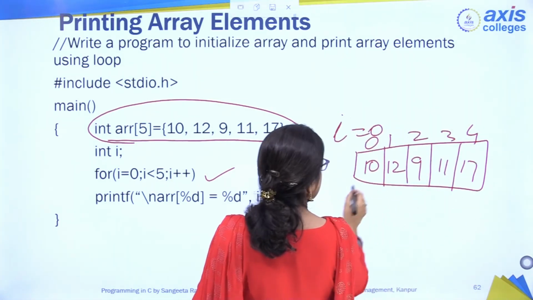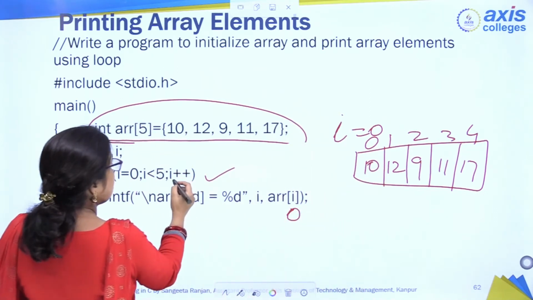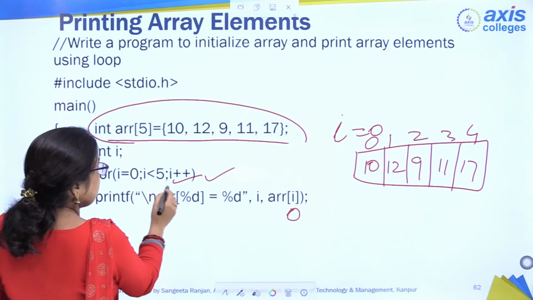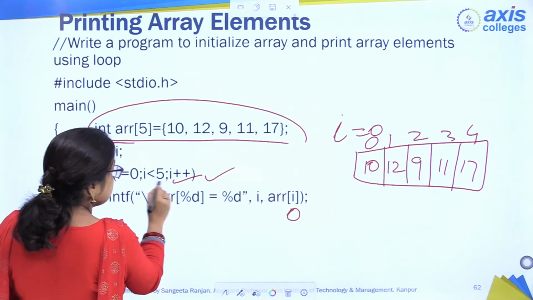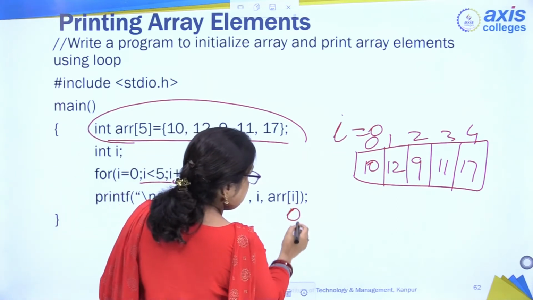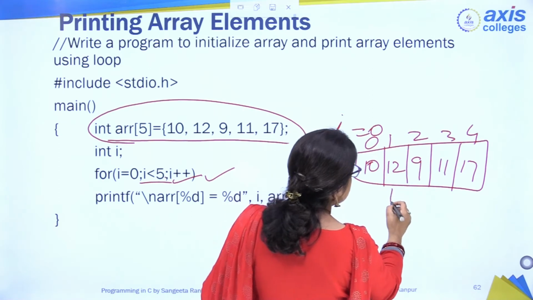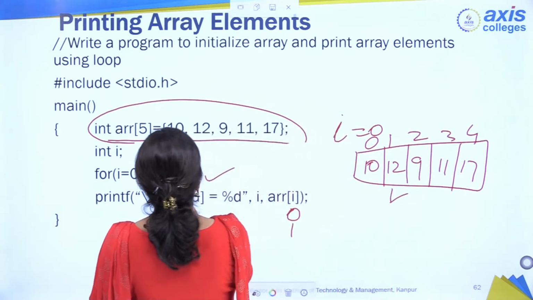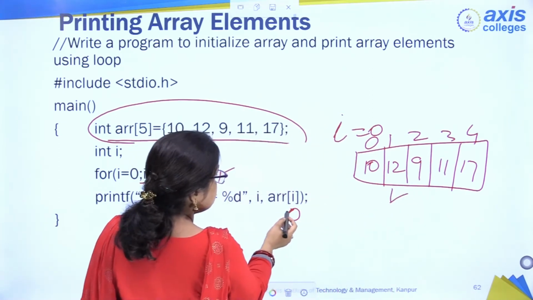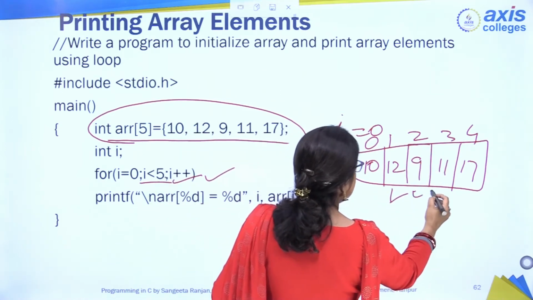The 0th element is 10, it will be printed, and after increment of i, the value of i will be 1, it will check the condition 1 is less than 5, the condition is true, then here the value of i is 1, so the first element will be printed. Now after increment, the value of i is 2, then the subscript number 2 element will be printed, that is 9.